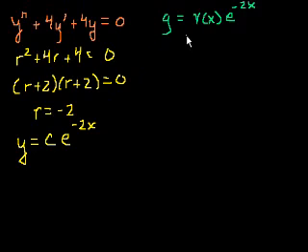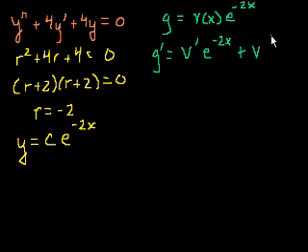So before we do that, let's get its first and second derivatives. The first derivative of g is equal to, well, this is product rule. And I'll drop the v of x. We know that v is a function and not a constant. So product rule: derivative of the first, v prime times the second expression, e to the minus 2x, plus the first function times the derivative of the second, so v times minus 2 e to the minus 2x.